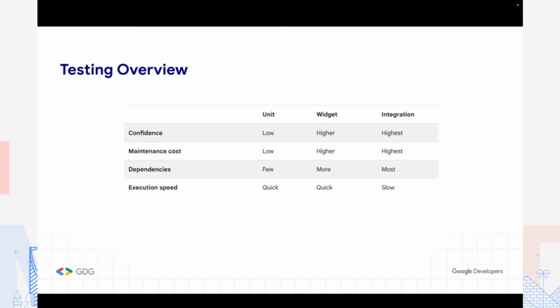And the execution speed is quicker in unit and widget, because unit is basically a small portion of code, right? It is a function. So it will be quicker. Even the widget will be quicker because we're only talking about one widget. But when we talk about integration testing, it is a combination of multiple widgets, so that is going to be slower to execute, especially when we write bigger, larger test cases.